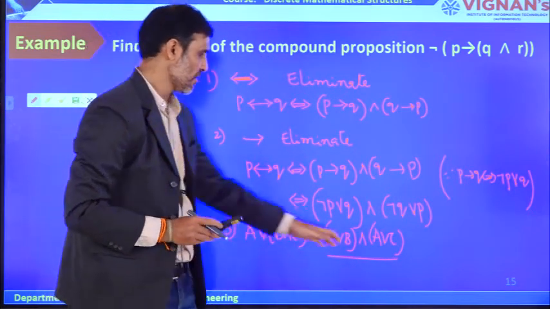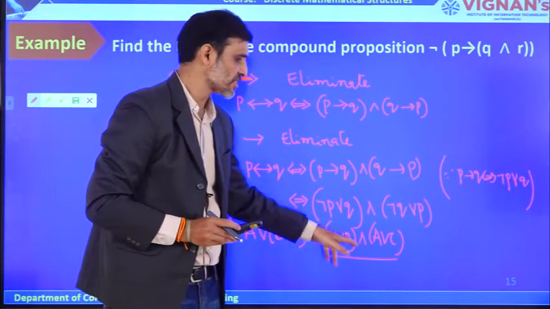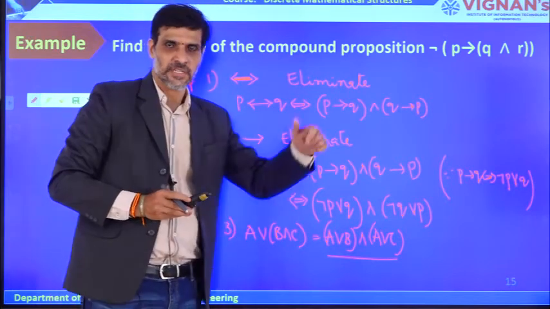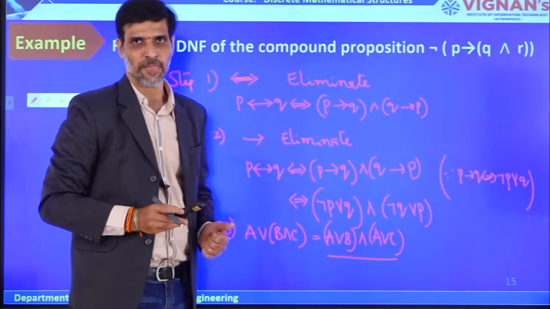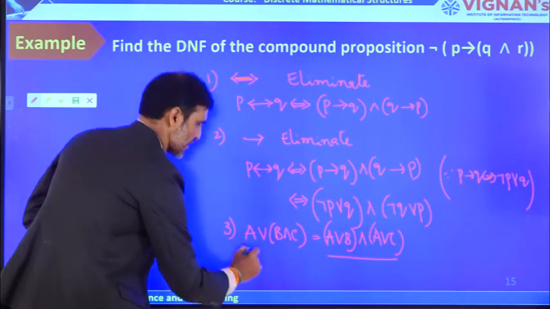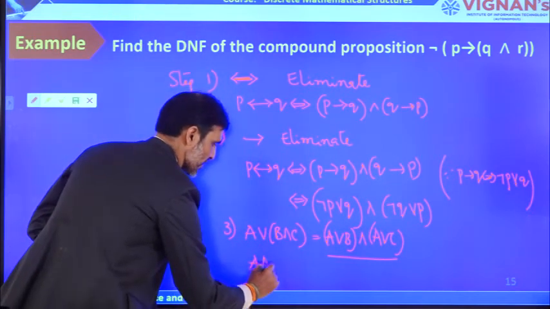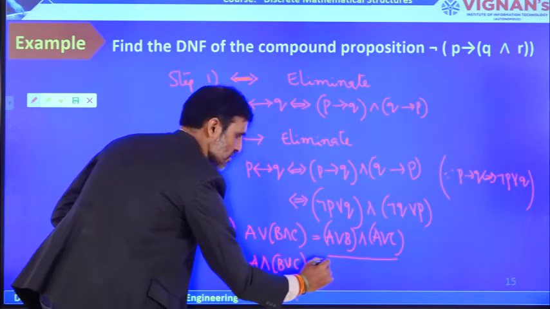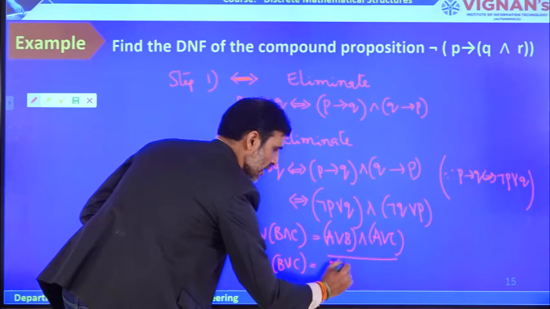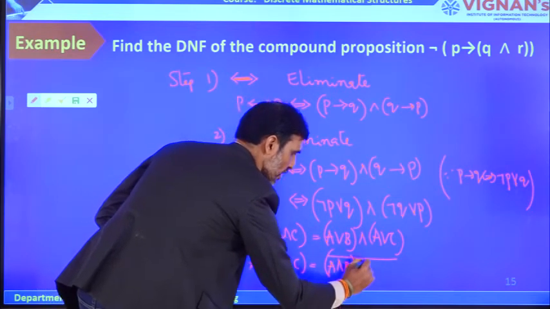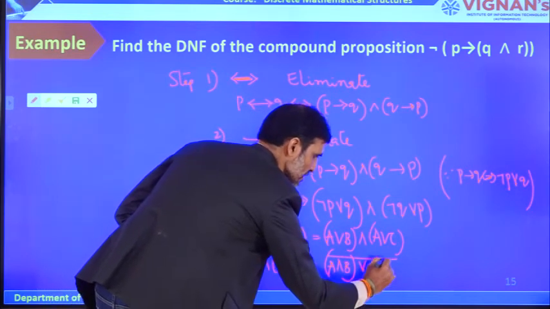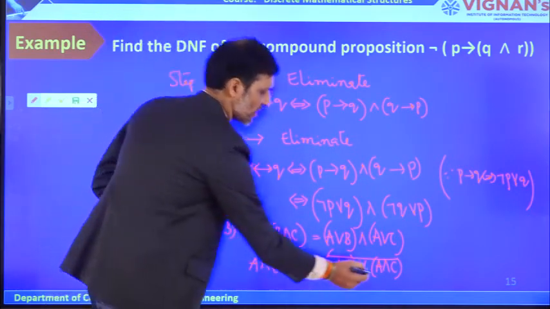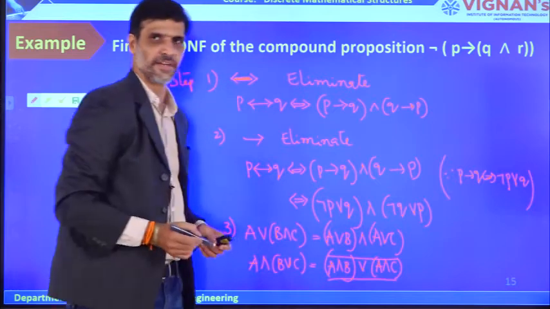So what happened now? It is a conjunction of disjunctions of literals. A conjunction of disjunctions of literals is called conjunctive normal form. Now if you want to get a disjunction of conjunctions of literals, you can take A and B or C, so A and B or A and C. Like this you will get. This is a disjunction of conjunctions of literals.